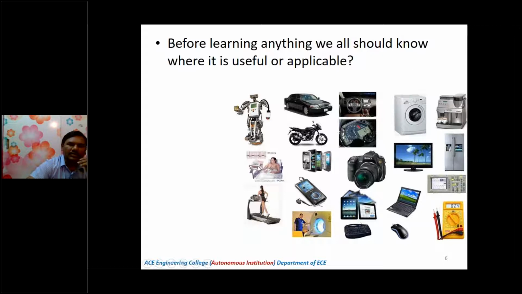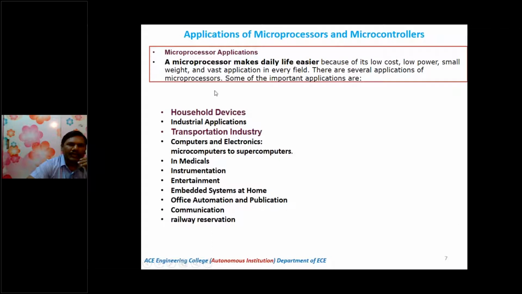When the microprocessor was invented in 1970 onwards, people's lives became very easy because of its low cost, low power, small weight, and high reliability. It is used in all fields of engineering nowadays, and here I am giving some of the applications.